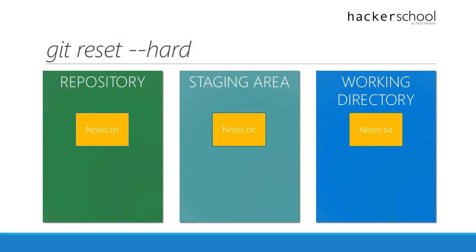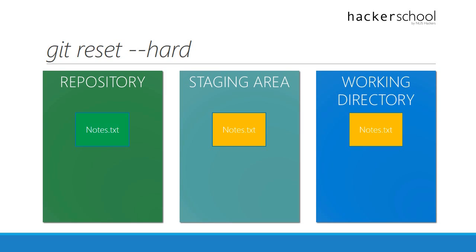So what git reset hard does is it actually does 3 things. First, we have to tell it the commit that we want to roll back to, right? Then it takes the repository and rolls the repository back to that commit like this. So it replaces the stuff in there with the older commit.